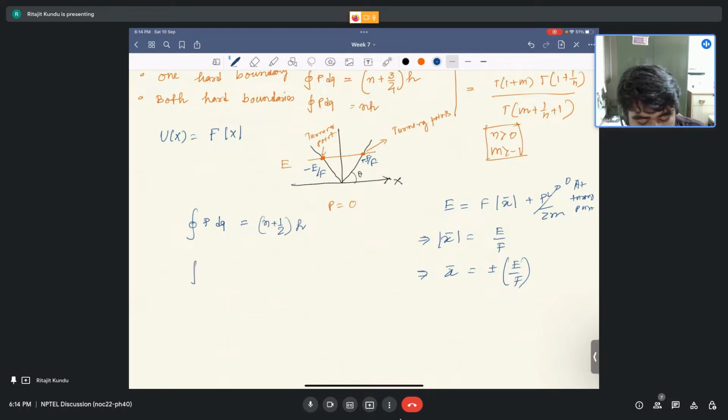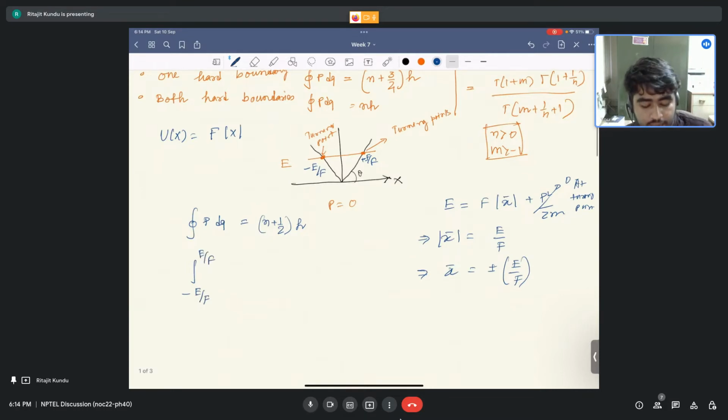So then I will have minus e by f to e by f, and remember it is actually coming back and forth, so I have to multiply by 2 because for each of the trajectories, and then p dq is n plus half h. Okay, so now let's write our energy.